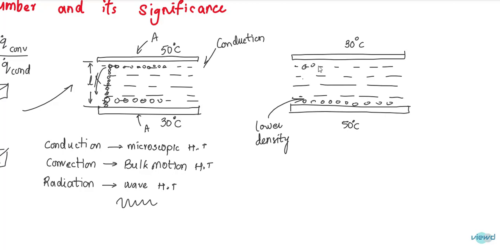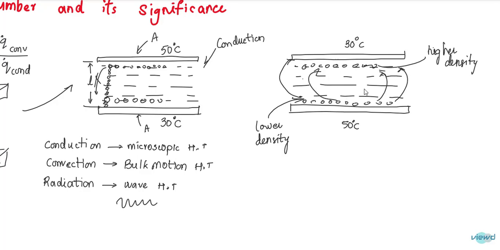Here the temperature is low, so the particles are of higher density. So lower density particles could not stay at the bottom. They should go up, and higher density particles will be coming down. All these particles will be going up.